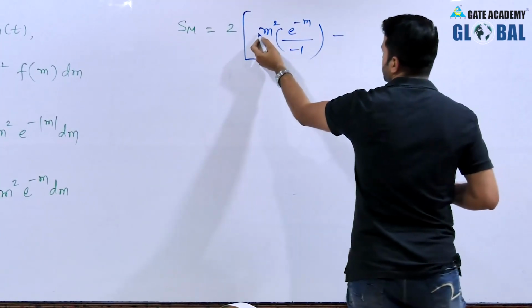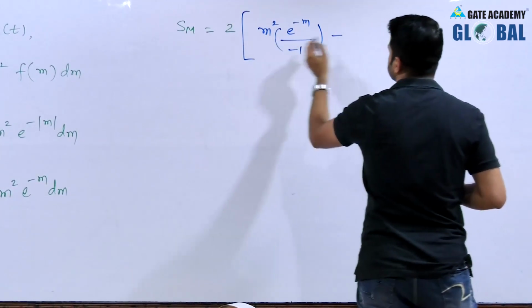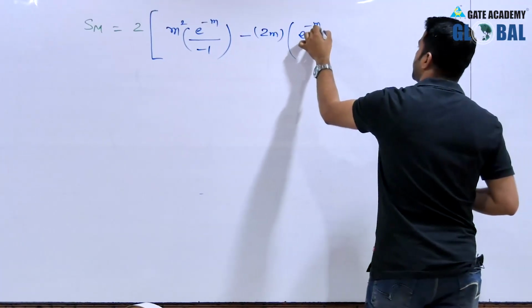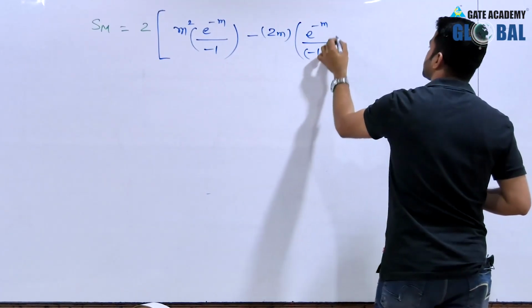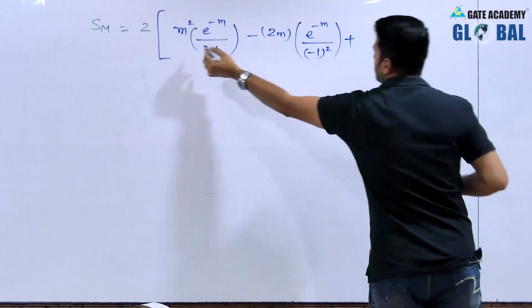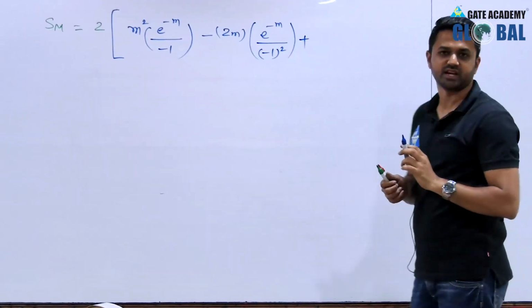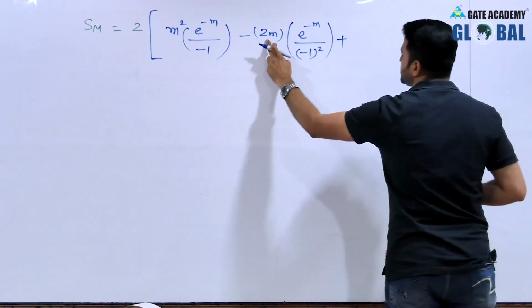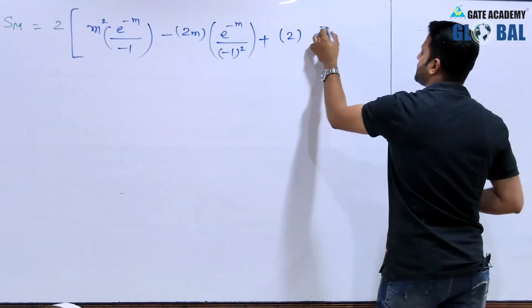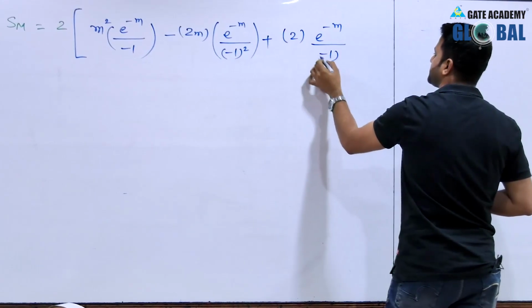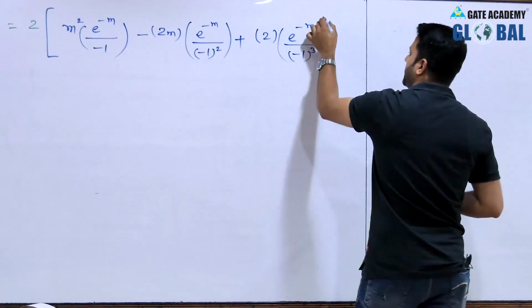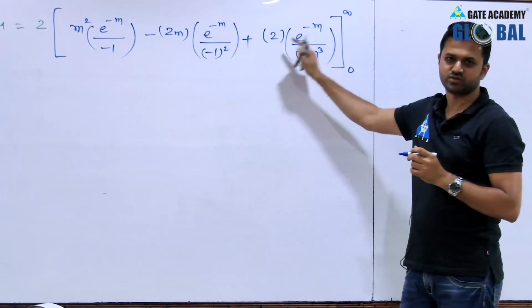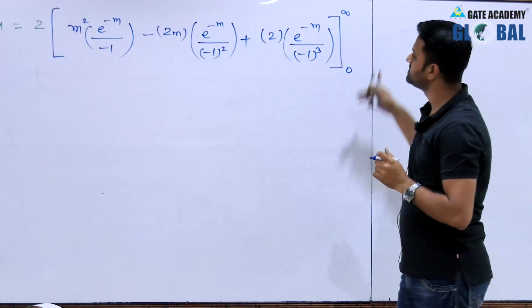Then, alternating signs, the differentiation of the first term, that is 2m, and the integration of the second term, e to the power minus m upon minus 1 whole square, plus the differentiation of the first term, which is 2, and the integration of the second term, e to the power minus m upon minus 1 whole cube, with limits from 0 to infinity. Now the differentiation of this term will be 0, so there will be no further terms.